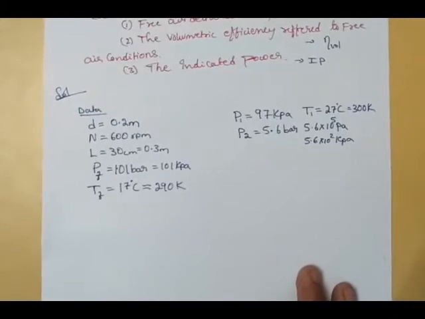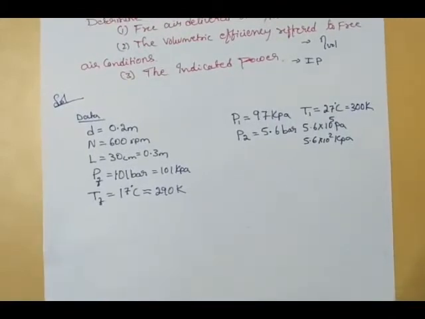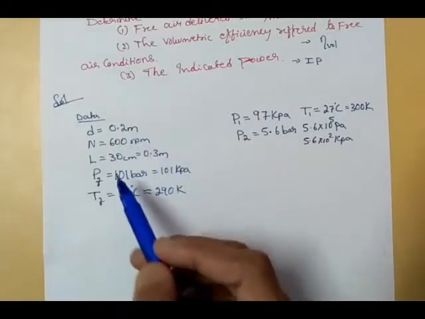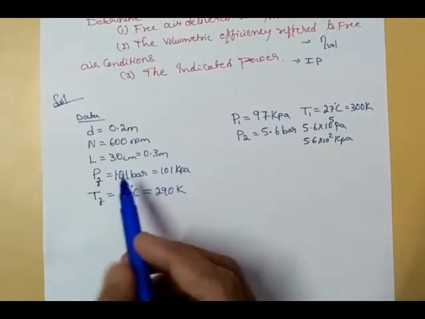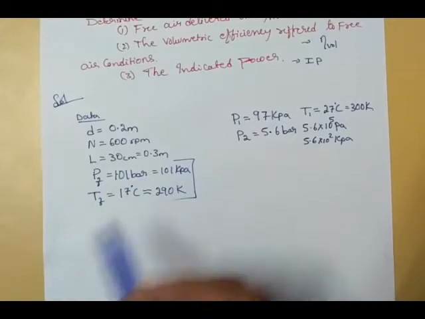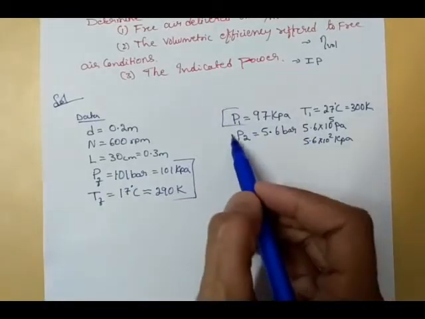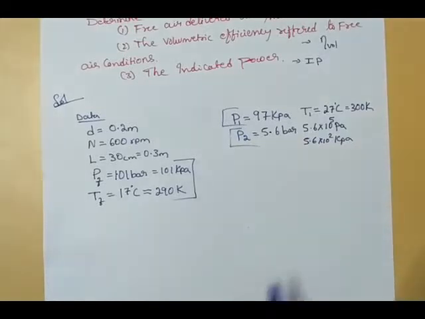So you can refer to these data: diameter, speed, stroke length. This is atmospheric condition. This is intake condition. This is outlet condition.